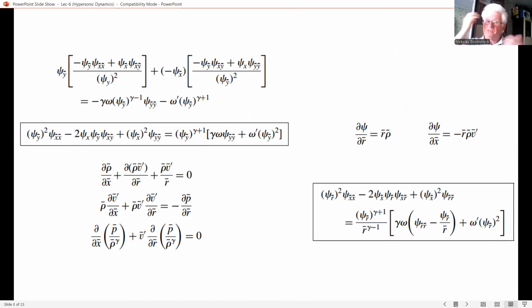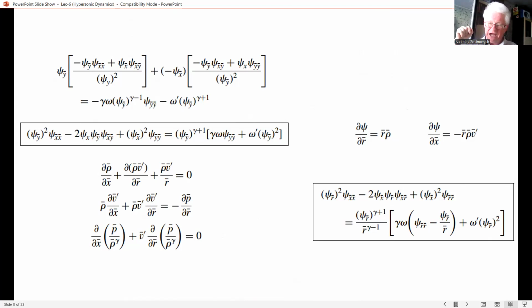But on the other hand, for axisymmetric bodies, a cylindrical coordinate system where we have x, r, and psi is more convenient. Here, x and r are the coordinates parallel and perpendicular, respectively, to the body's center line.